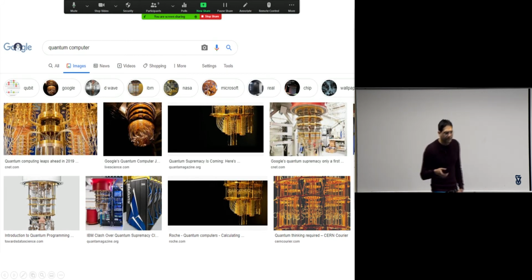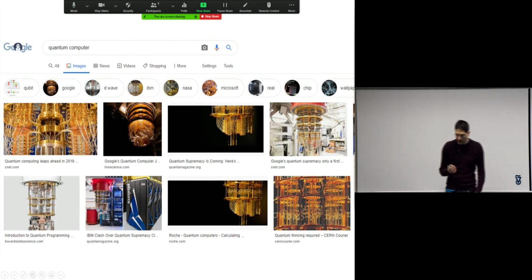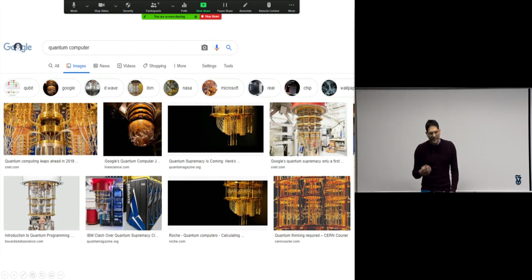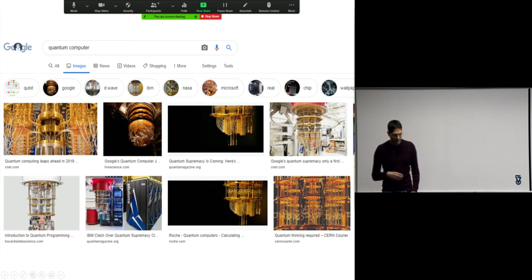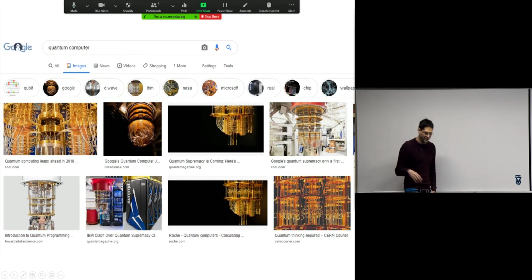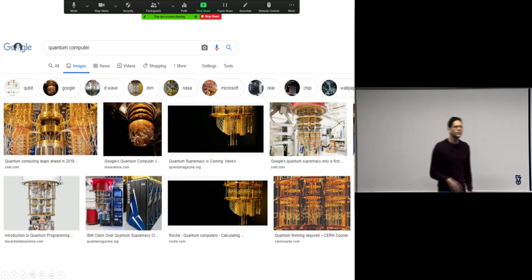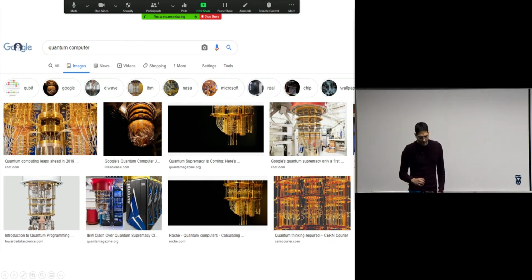And what you're seeing in this picture here is the inside of dilution refrigerators. And you got to really scroll down, and I keep repeating this in many of my talks. You got to really scroll down to find something else that is not a dilution refrigerator. And this dilution refrigerator is where you put the superconducting circuits inside.